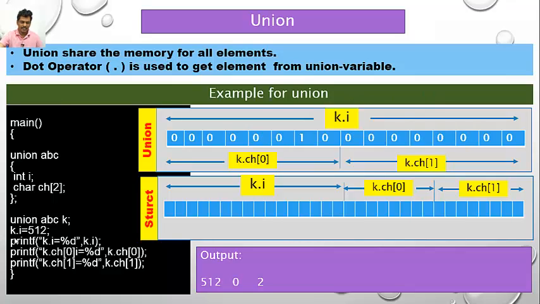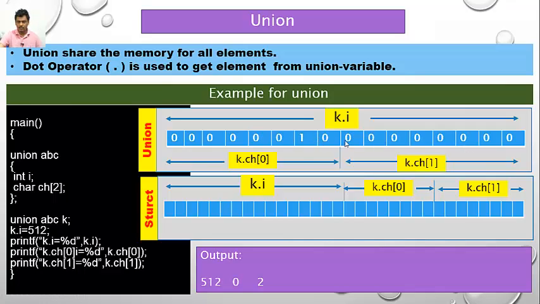Then we assign k dot i equal to 512. The 512 is assigned to k dot i, which is totally 16 bits. 512 is a decimal, and internally it is stored as binary, so it is converted and stored like that.